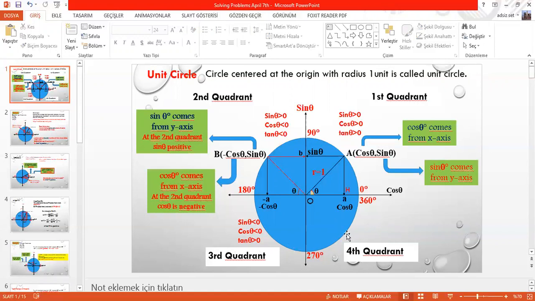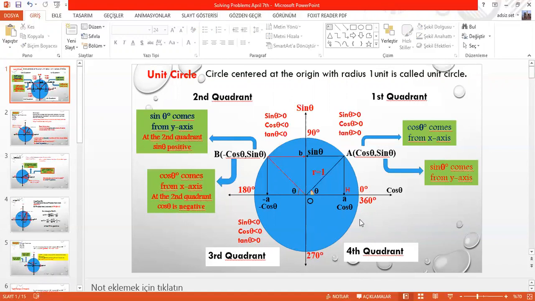The fourth quadrant: again, x values are positive, and y values in the fourth quadrant are negative.